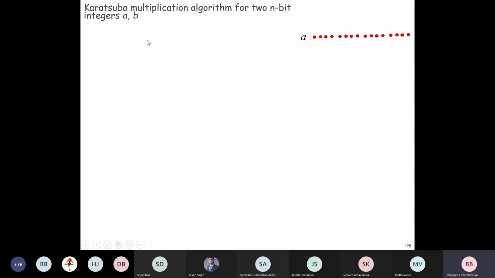Okay, let us assume, my laser pointer is not working today, so suppose these are n bits. This is one number, and this is another number b, which also comprises n bits. So what we do is, again, the divide and conquer technique. Have you studied the Karatsuba algorithm in your algorithm course?